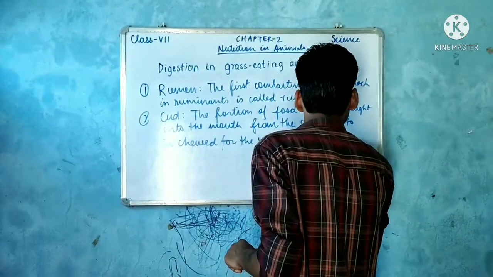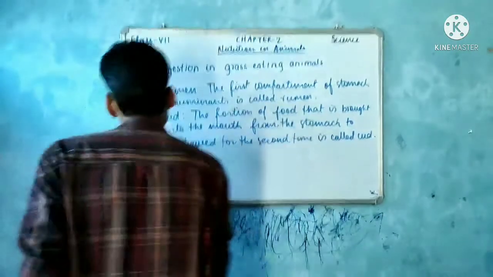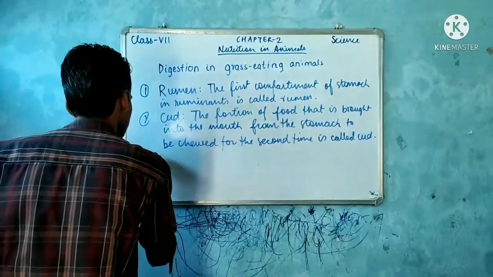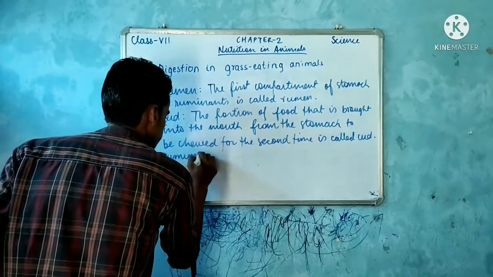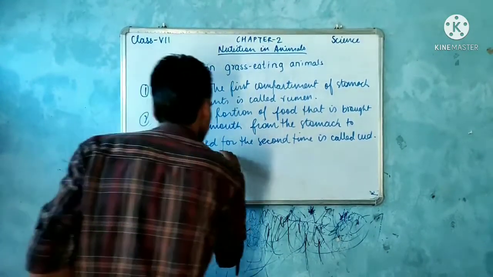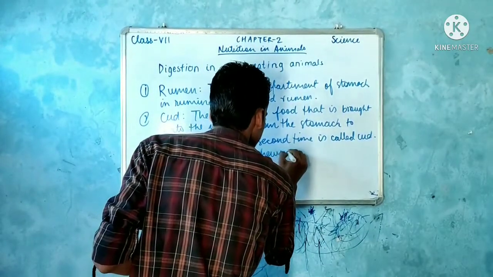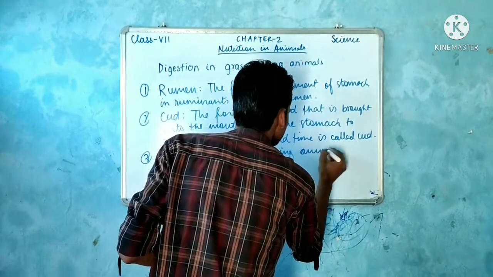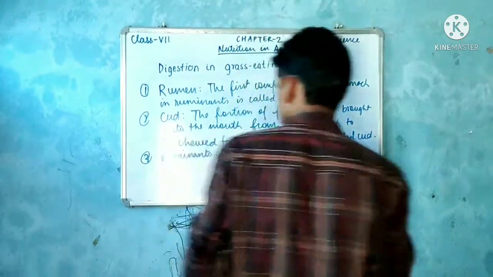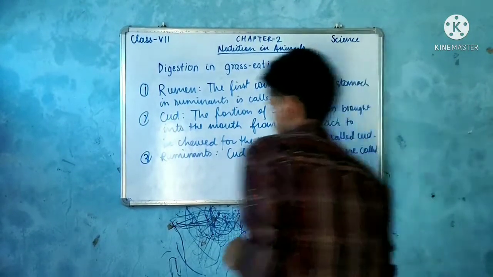Third is ruminants. Cud chewing animals are called ruminants.